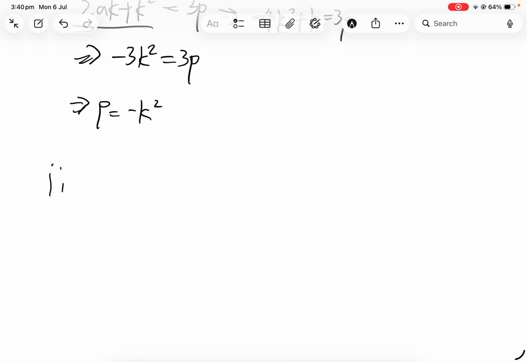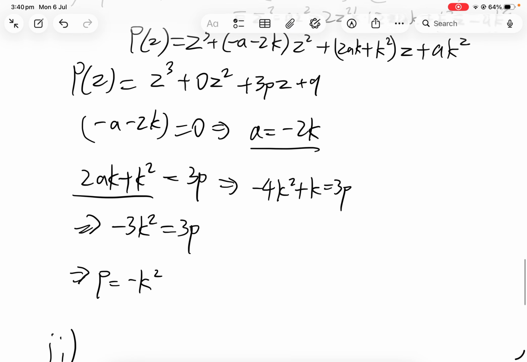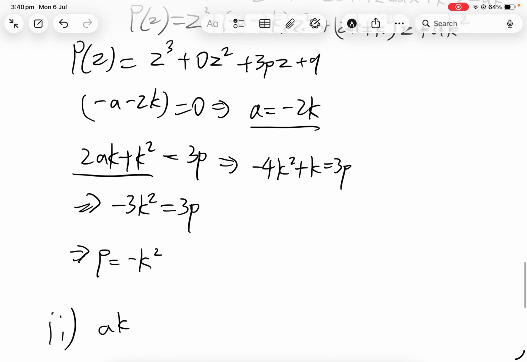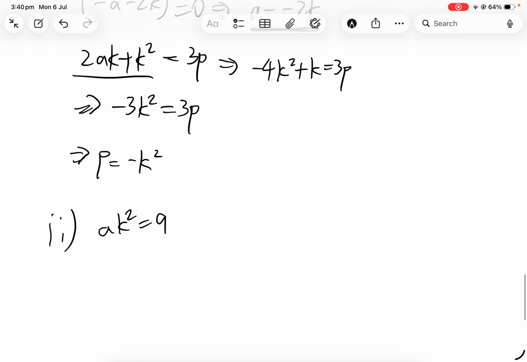Now for A2, we have to find q in terms of k. Well, −ak² equals q.